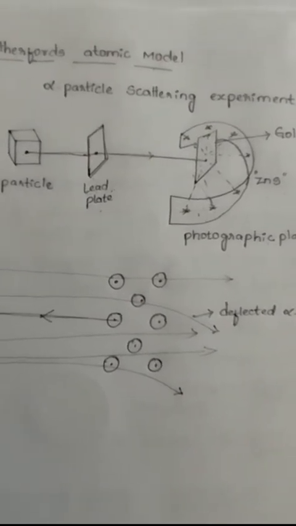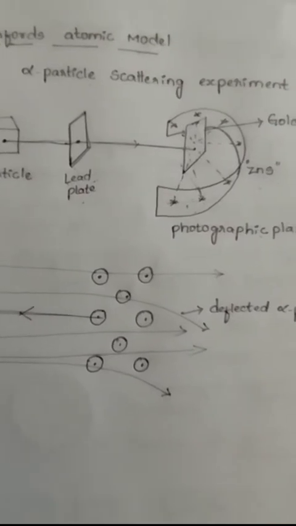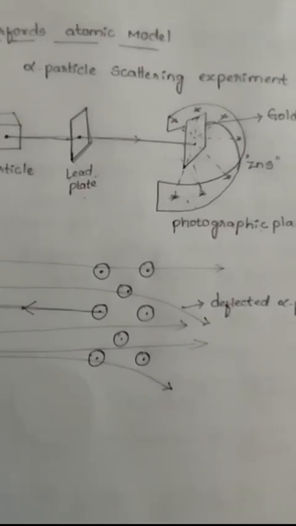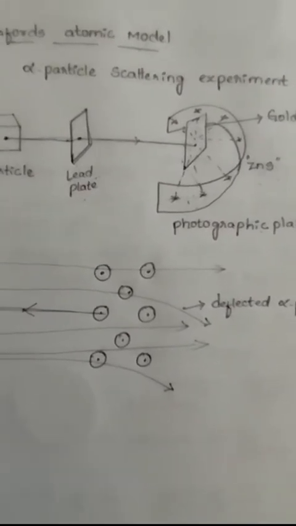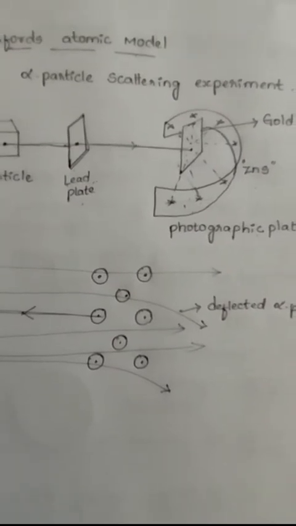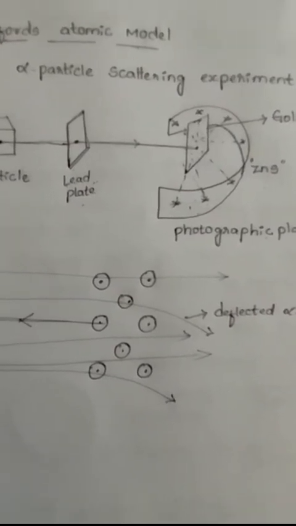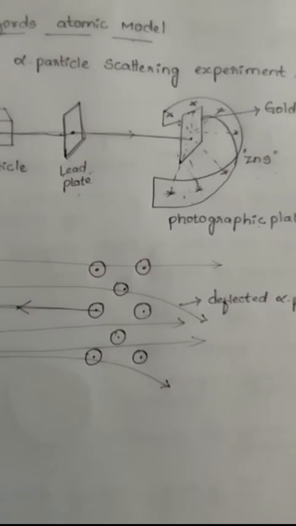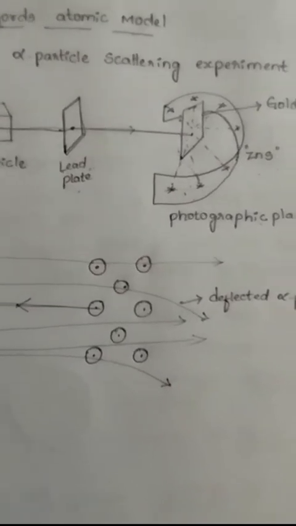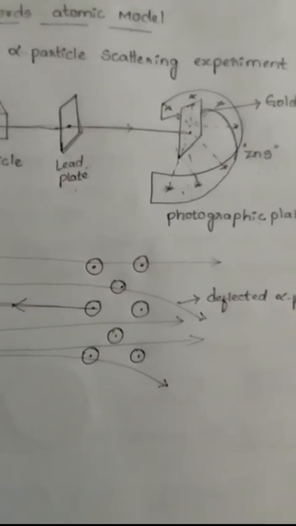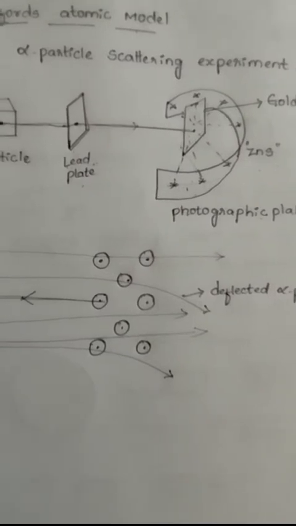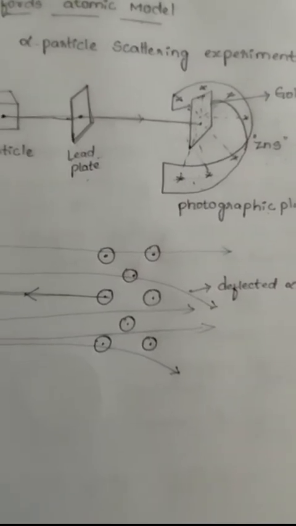That means it slows down its velocity or speed through the gold foil, but there will be a little change in direction by a small angle. This is the view of Rutherford while conducting this experiment.